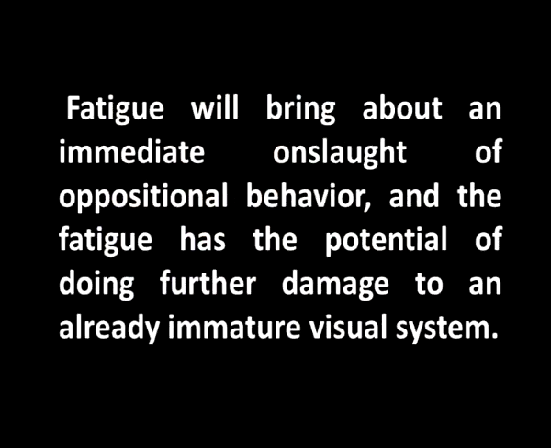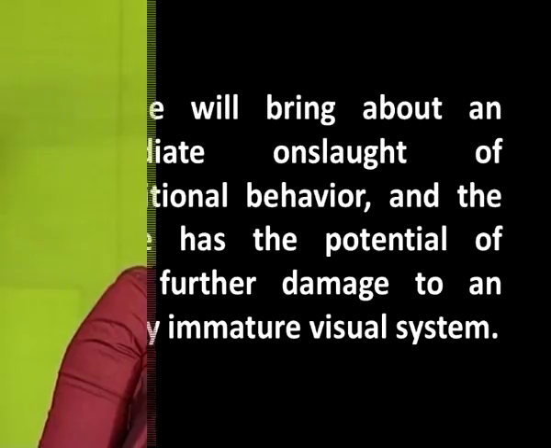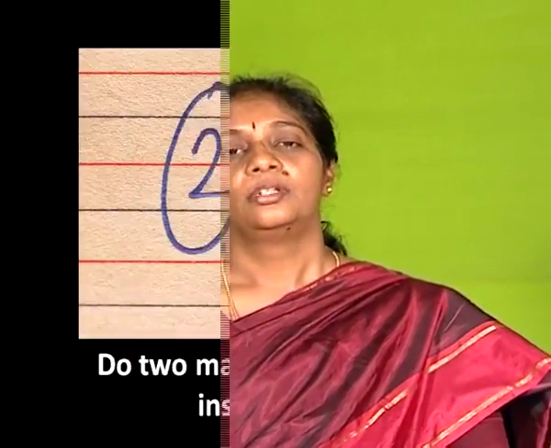Fatigue will bring them an immediate onslaught of oppositional behavior, and the fatigue has the potential of doing further damage to an already immature visual system. In some cases, the ability to stay visually focused can be as short as 2 minutes in younger children and up to 10 or 15 minutes depending upon age and level of maturation.